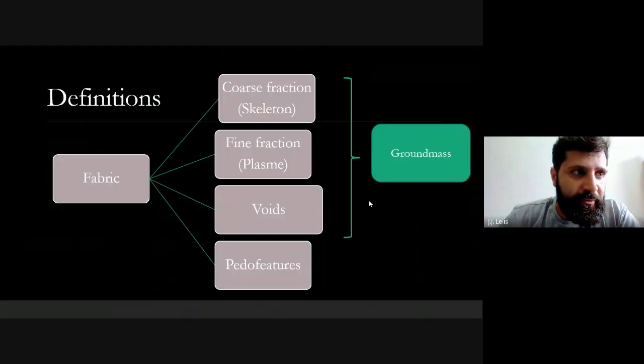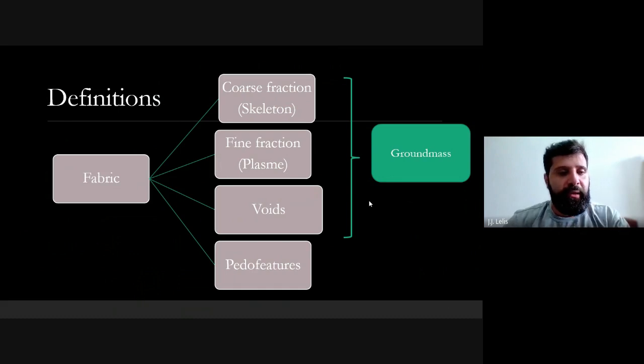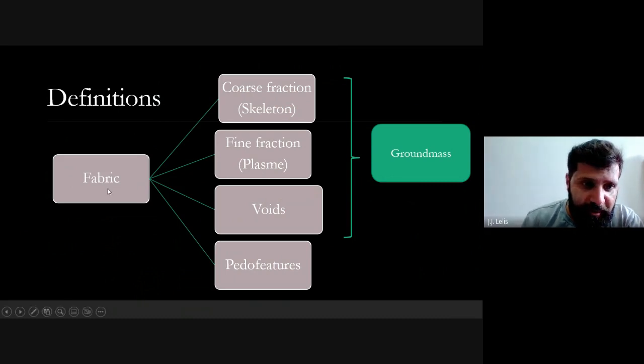And to discuss micromorphological properties, first of all, we need to make some definitions about some concepts, about how we could describe a thin section. The first concept that we need to define is fabric.